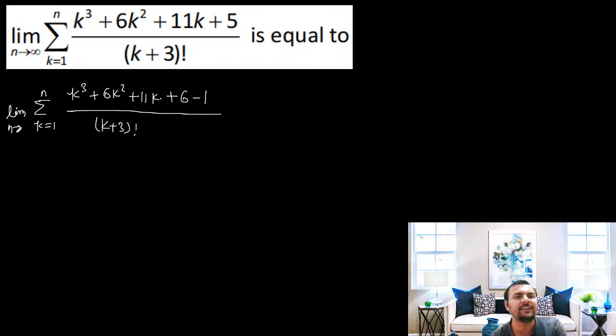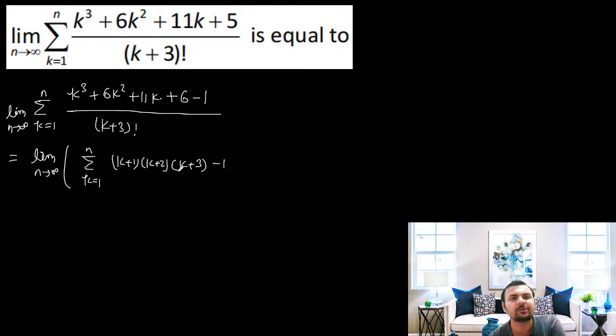Limit n tending to infinity. So the upper part, this is k equal to 1 to n. It is nothing but (k+1)(k+2)(k+3) minus 1 upon (k+3) factorial.